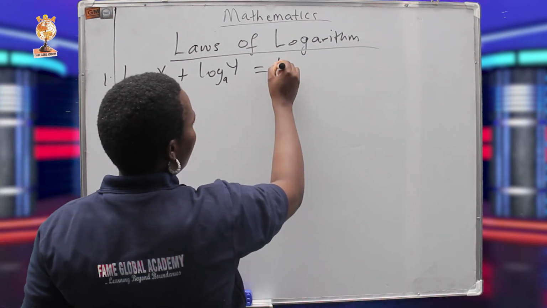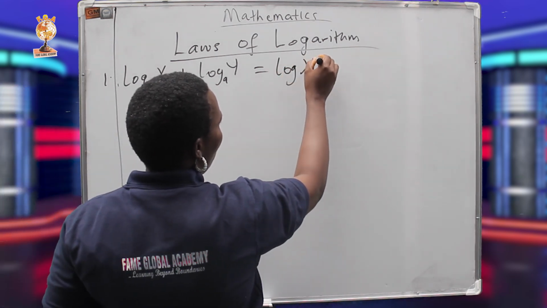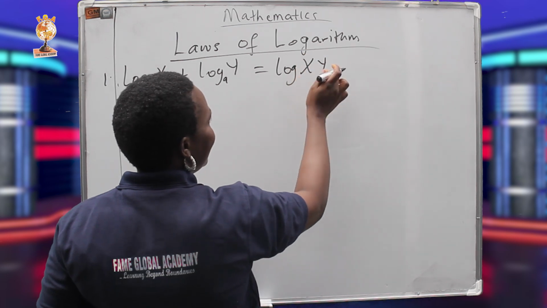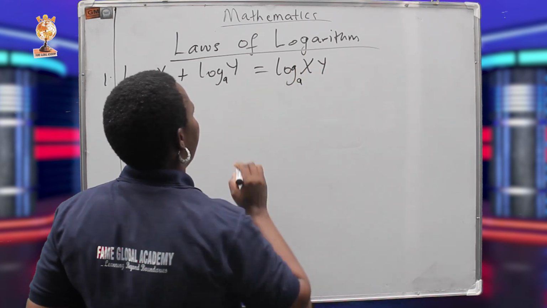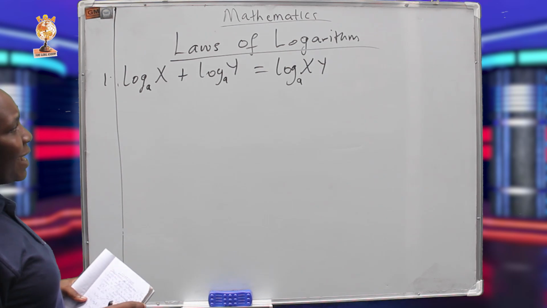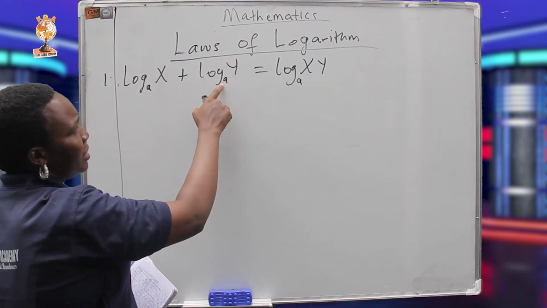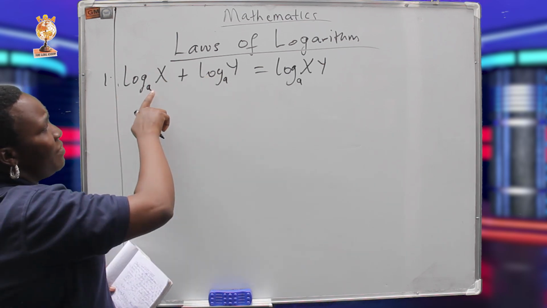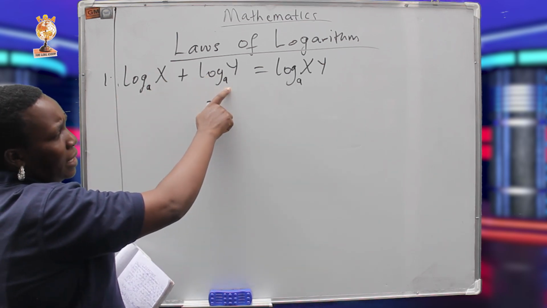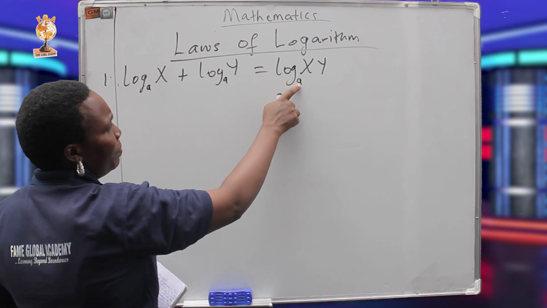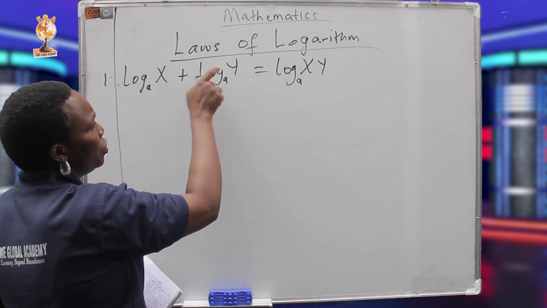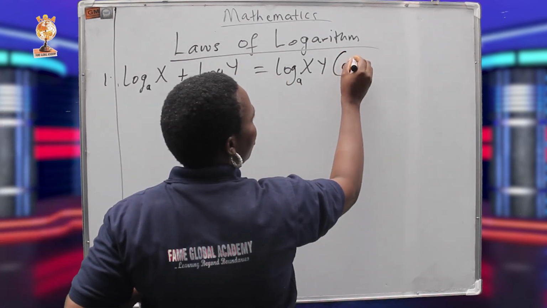So this will give us log xy. xy means x times y, base a. Log xy base a. This is log x base a, this is log y base a. So long as the two of them have base a, then you take it as log base a, then multiply the two. So this is called the addition law.